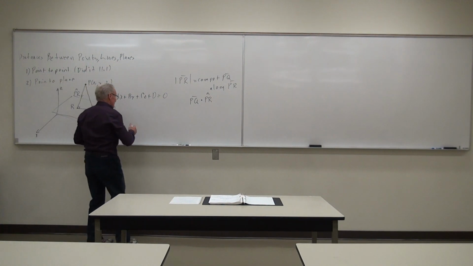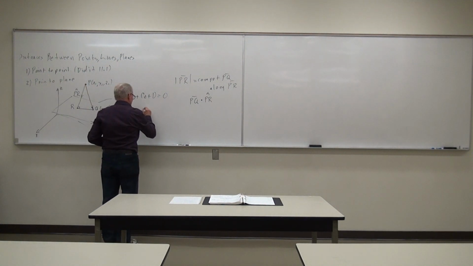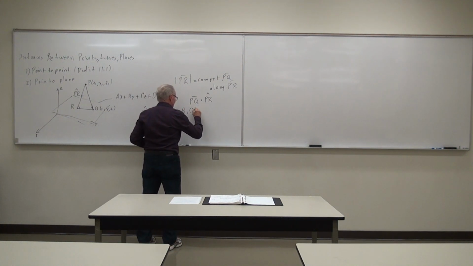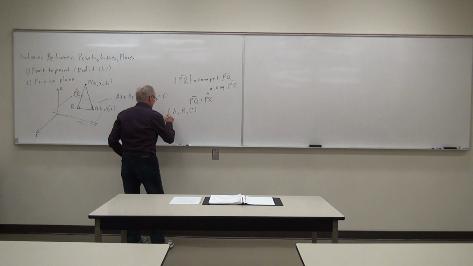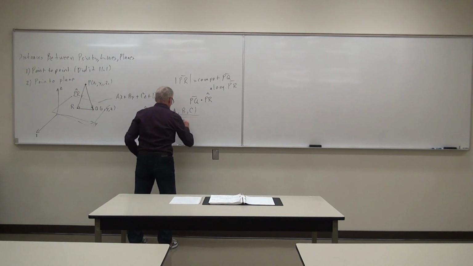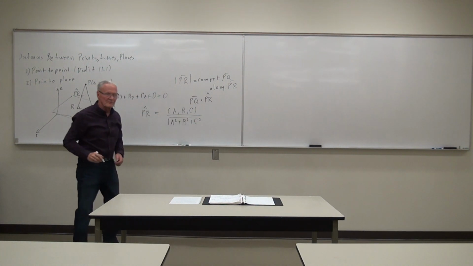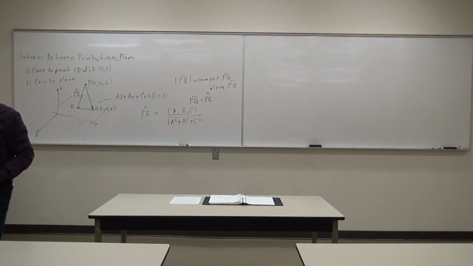So we could say that PR is ABC, that vector, divided by its length, which is the square root of A squared plus B squared plus C squared. How does that look to you? Well, the problem is it's not quite right, because I don't know, is it in the right direction?